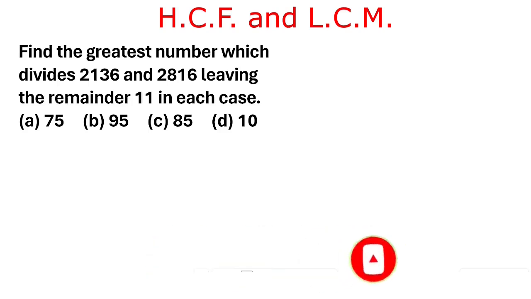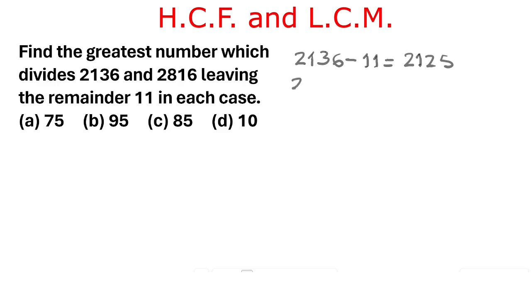As the remainder after dividing by the greatest number is 11, we first subtract 11 from both the numbers. 2136 minus 11 equal to 2125 and 2816 minus 11 equal to 2805.